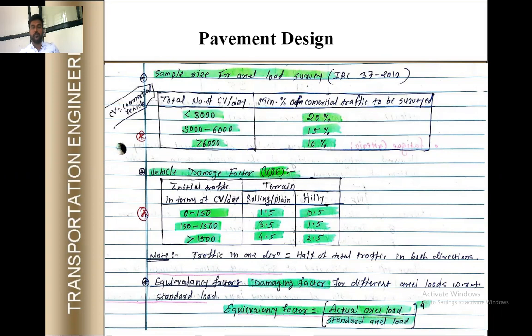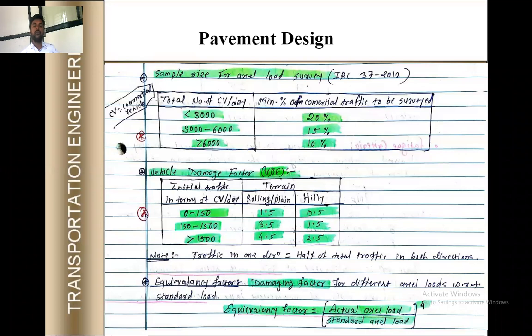For hilly, it is 0.5. When the CV per day is 150 to 1,500, for rolling or plain terrain, it is 3.5, and for hilly terrain, it is 1.5.